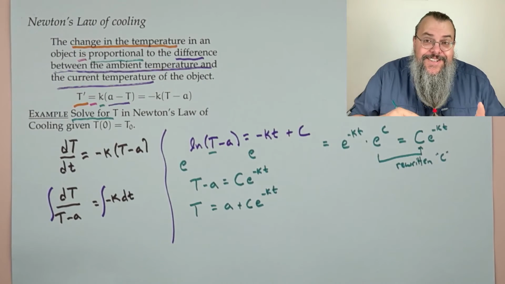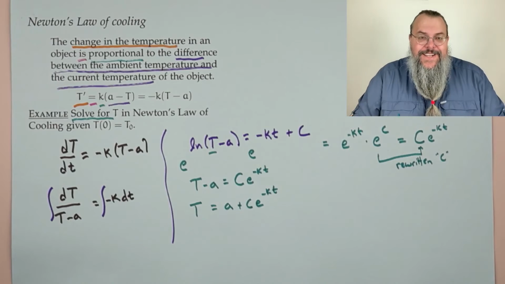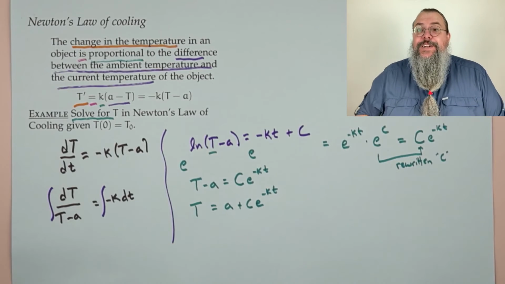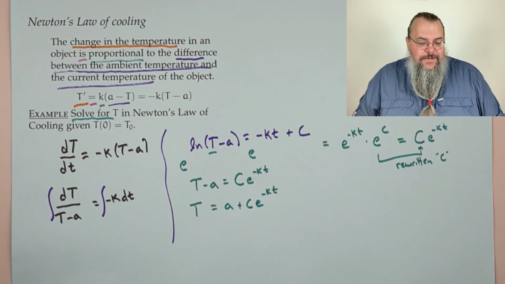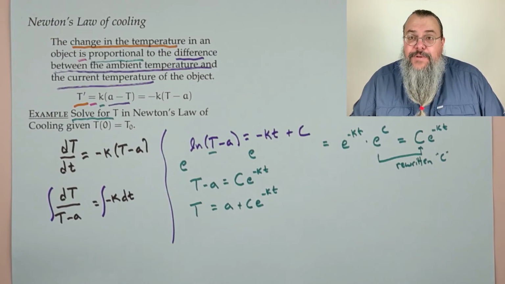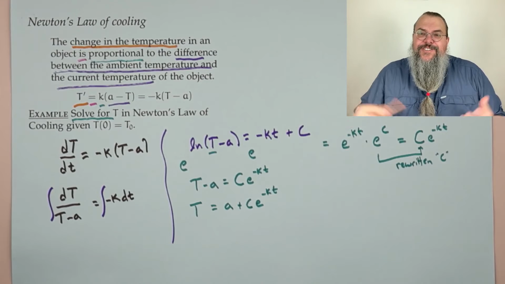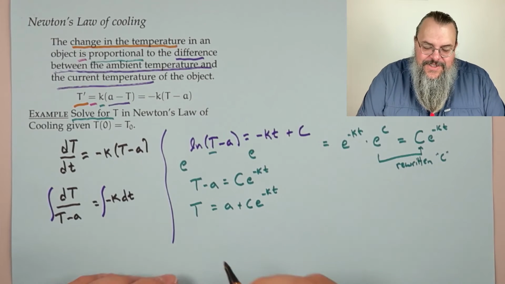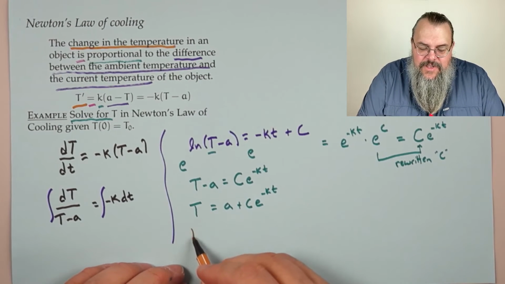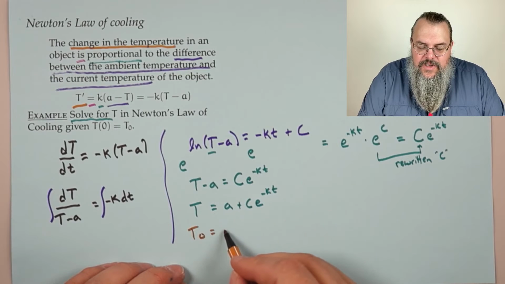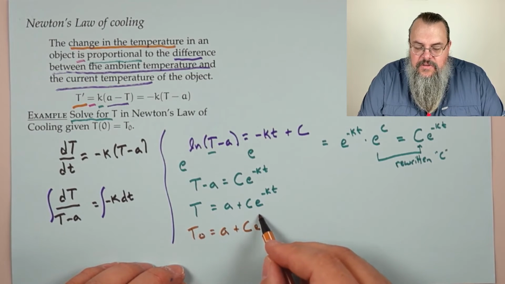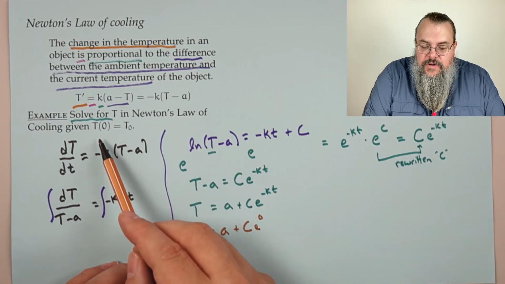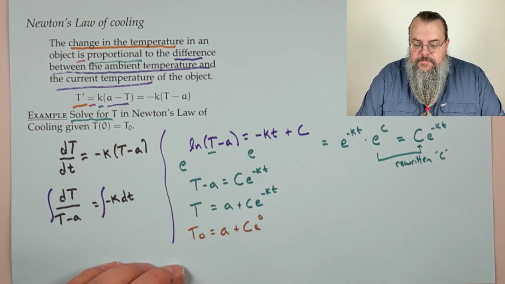Now, are we done? Not yet, because we haven't plugged in our initial condition. We said we were going to wait for it. Well, no time like the present, because there's nothing else for us to do on this problem. So what do we have? We have T0 is equal to A plus C e to the 0, because we're plugging in little t equals 0 and big T equals T0.